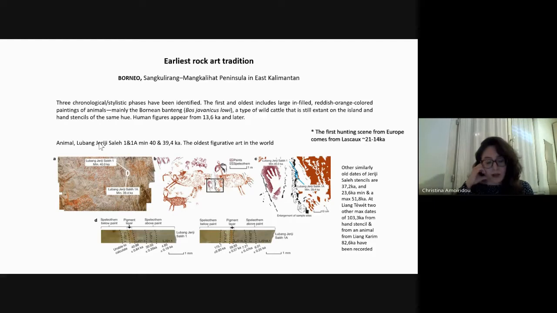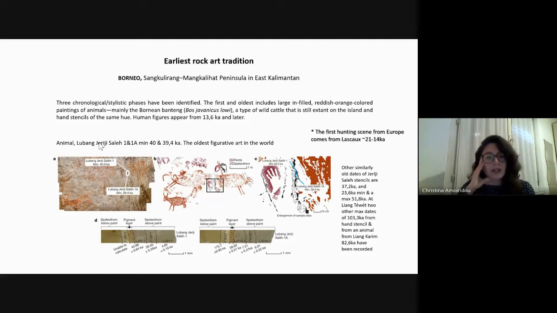We've already seen some early dates about sites in Wallacea, and some of the sites have attested earliest dates after rock art discoveries.